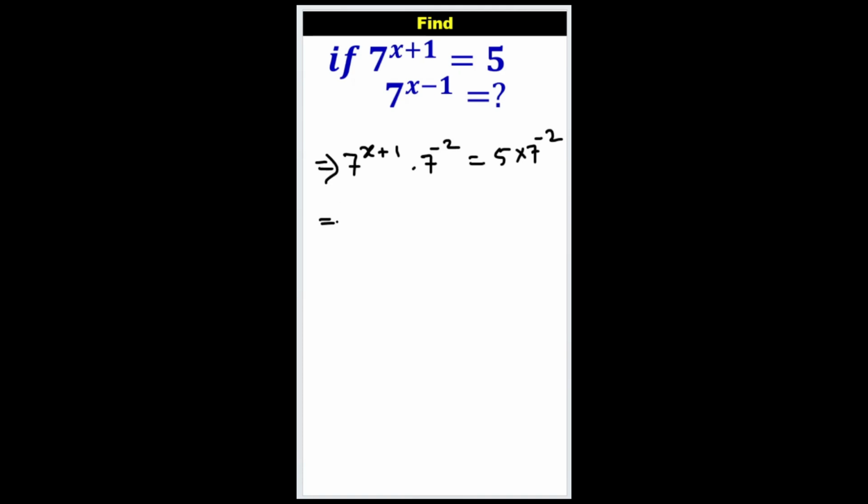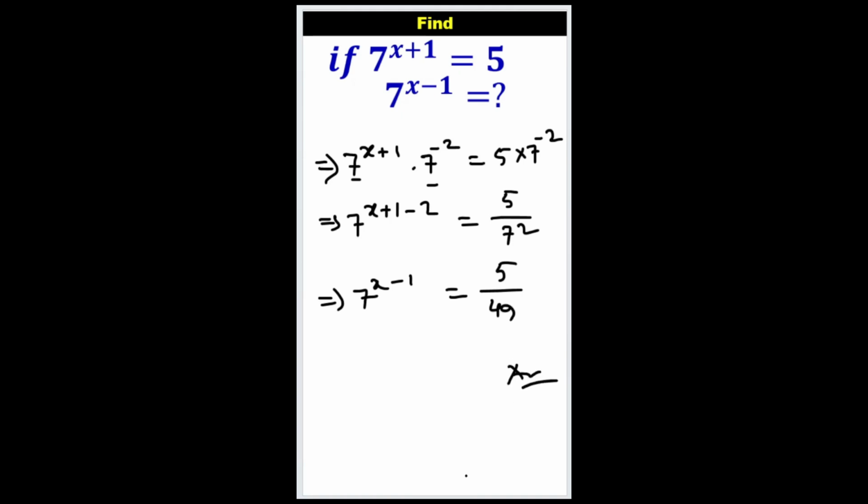So here 7 and 7 base equal, so power will be added. So 7 to the power x plus 1 minus 2 equals 5 divided by 7 square. We can write it this way. So here is 7 to the power x minus 1 equals 5 divided by 49. This is the answer. Okay, thank you.